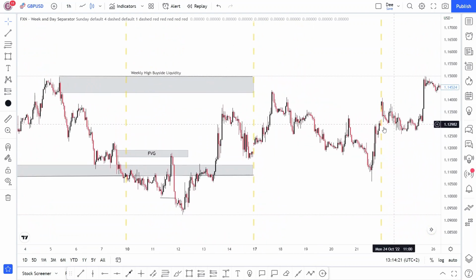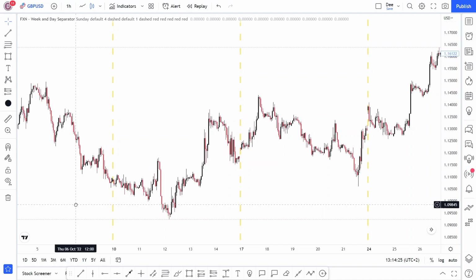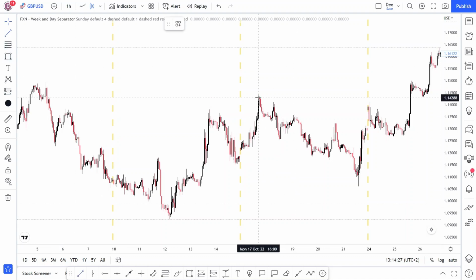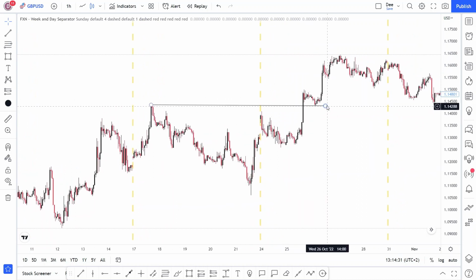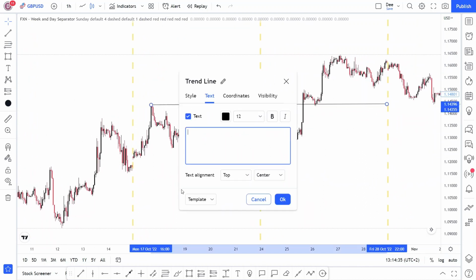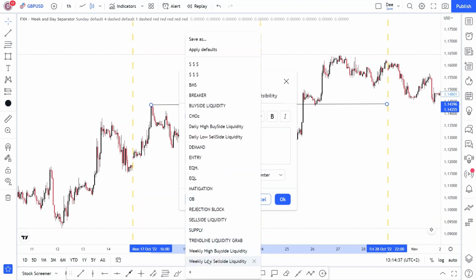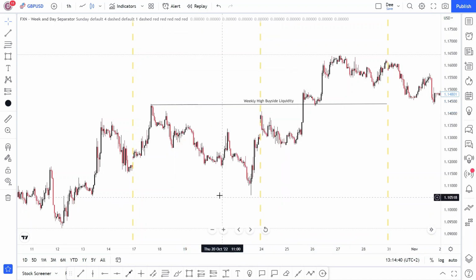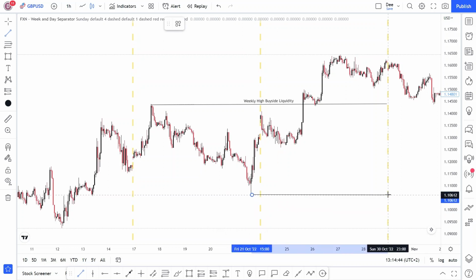So now coming into the new week, we remove the markings of the previous week, and this was the high of the previous week, and you track it towards this new current week. Okay, this was the weekly buy side liquidity, and this was the weekly sell side liquidity.